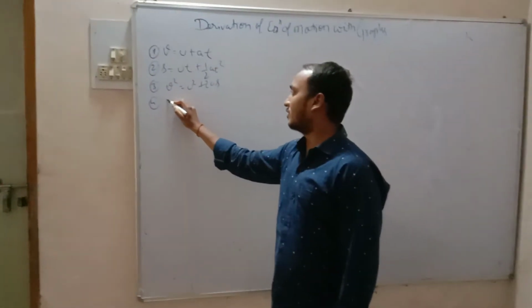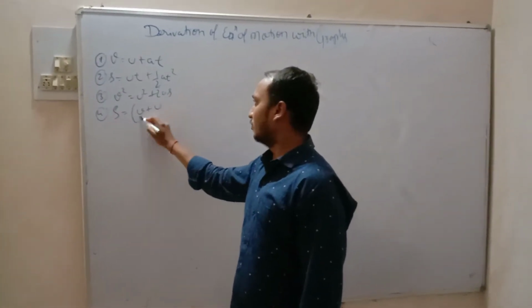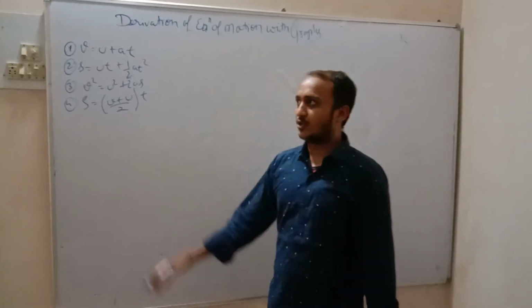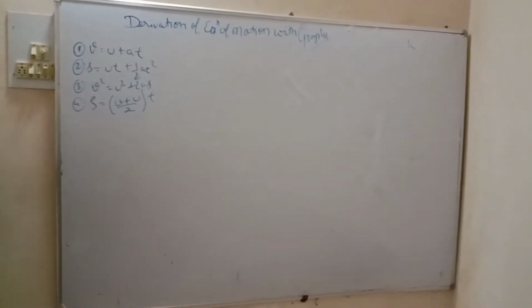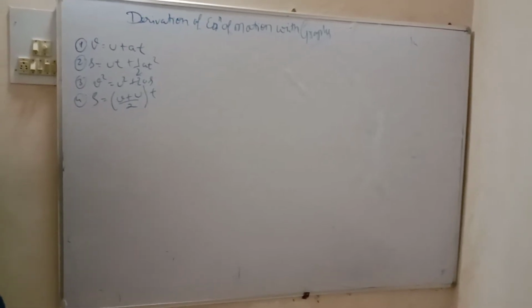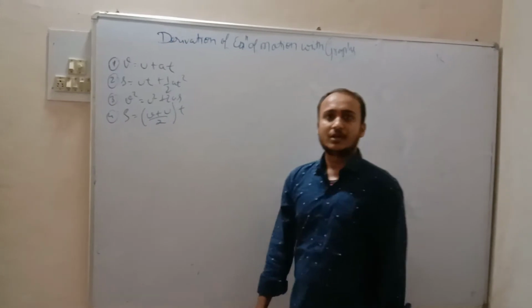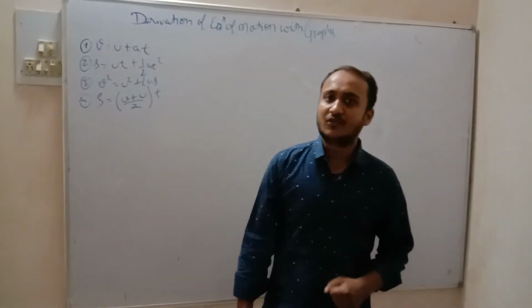And fourth was S equal to (V plus U) by 2 into T. So friends, we know these four equations of motion, and now we are going to derive them with the help of graph.